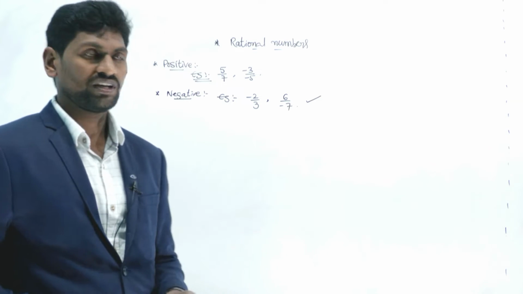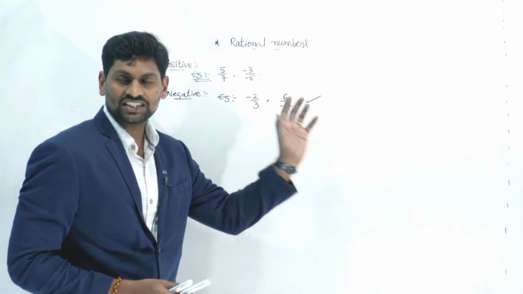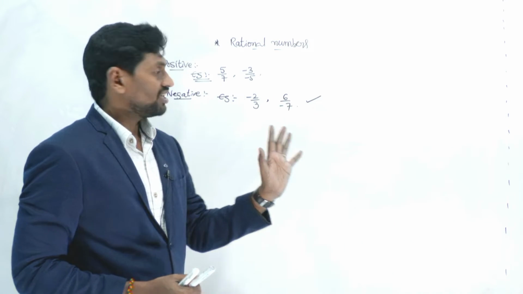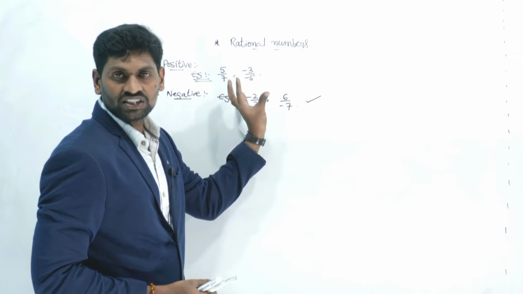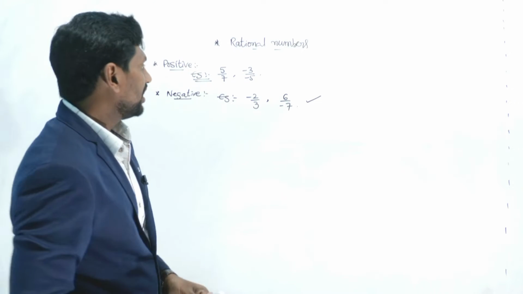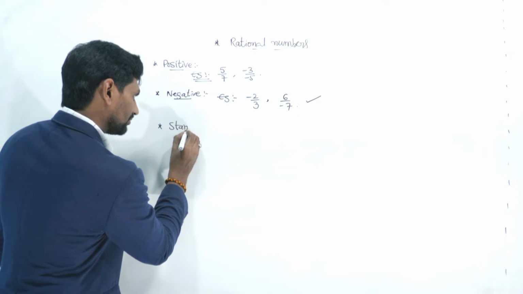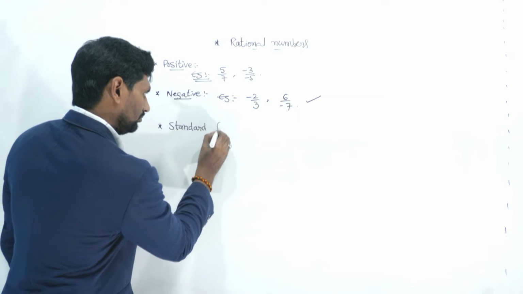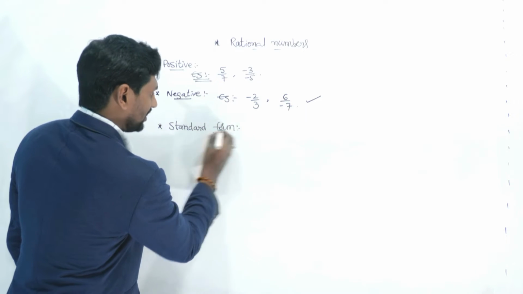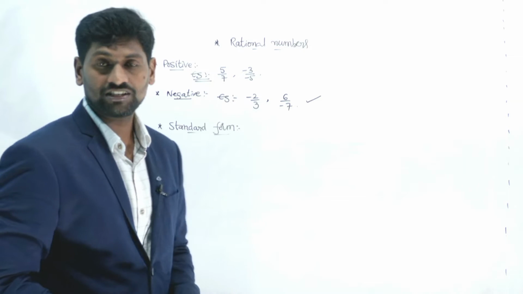Right. So we discussed the rational number definition, what are rational numbers, positive rational numbers, negative rational numbers, and let us see the standard form of a rational number. What is that? Standard form of a rational number.